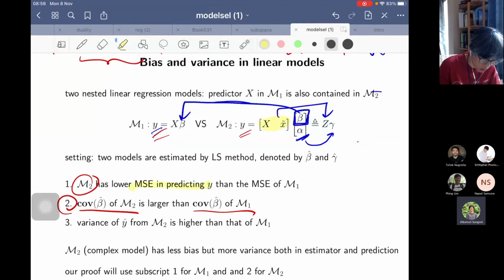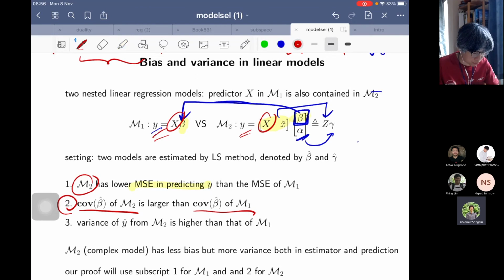What I compare is only the portion of beta, the portion of regression coefficients associated with the first group of predictors, X. When you have a bigger covariance, is that a favorable thing?